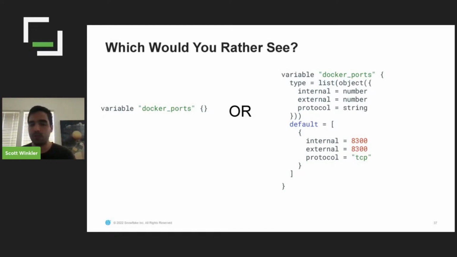If you are contributing to some code, and you see this variable Docker ports, and you wonder to yourself, what is this? Maybe someone sets the type as a map, or just type any, which was the default, and that doesn't really tell you any useful information. Whereas in the example on the right, you can clearly see that it's a list of objects.